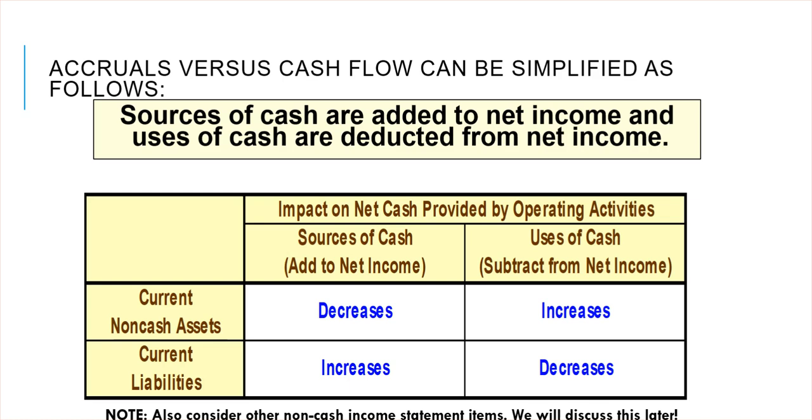So the way I'll say it is current assets, excluding cash, reverse the sign: put it in your indirect method operating section the opposite way of the change between the two balance sheets. Current liabilities, you put in with the same sign. And when we go through our carpet company problem, you will understand how that actually works.